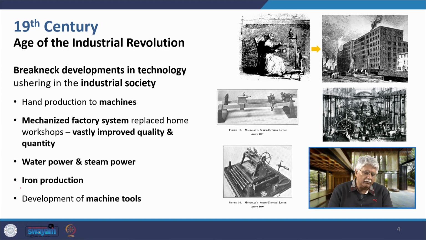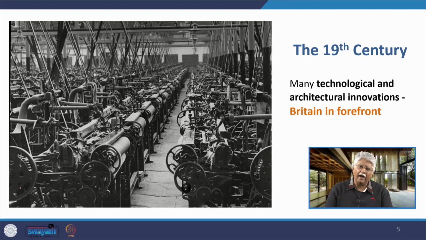Water power and steam power were behind this development. This was powering the industry, and then iron production leading on to the production of steel later on, and the development of machine tools. All of this had a major impact on architecture.